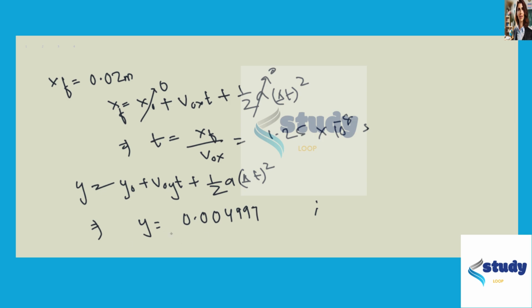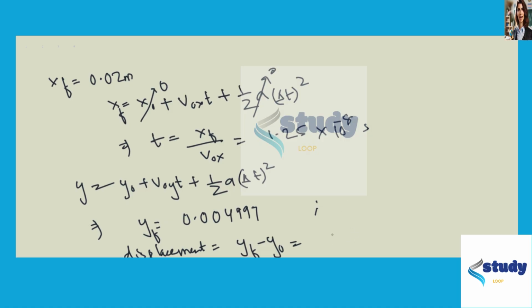So now that we have the final value of y, we can find the displacement of the proton, which is equal to y_f minus y naught, and y naught is equal to 0.005 meter.